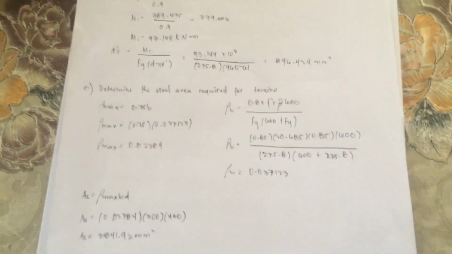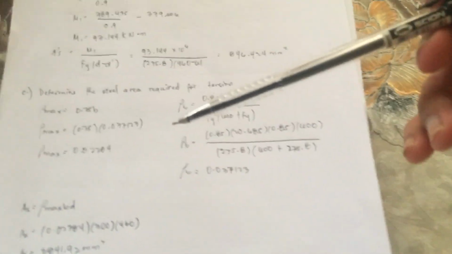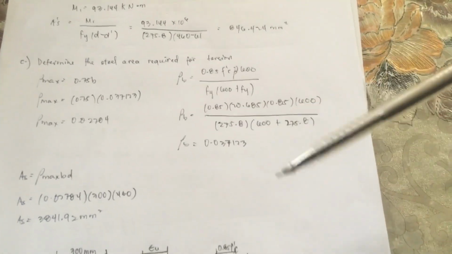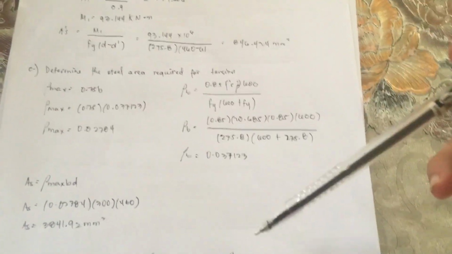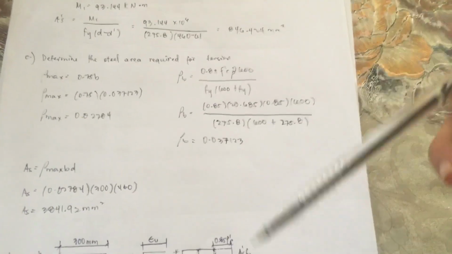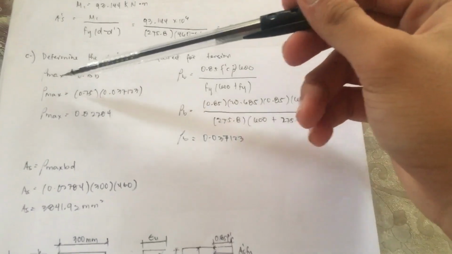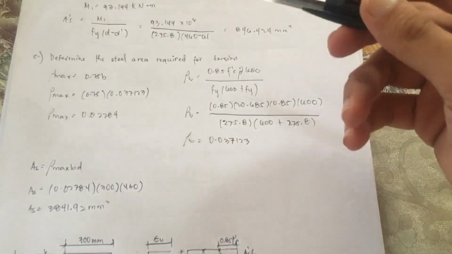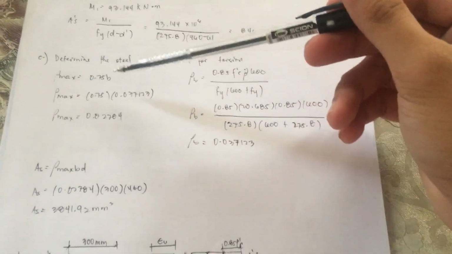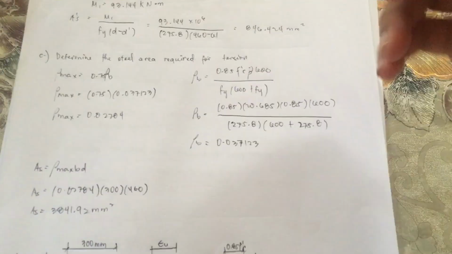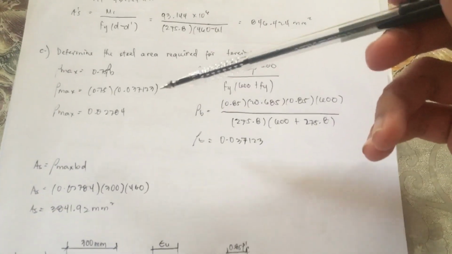For the steel area required for tension, it is just the same as question number 1. Let's start first with a singly reinforced concrete beam by using the rho max value. So the value of rho max is equal to 0.75 times the balanced steel reinforcement ratio.